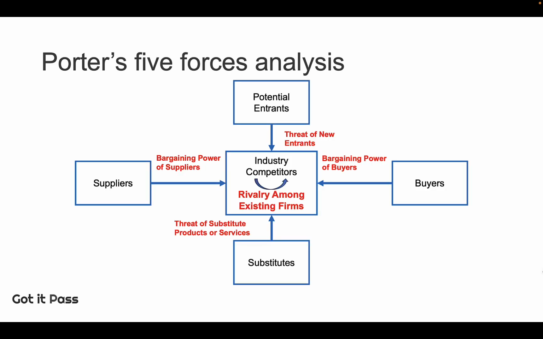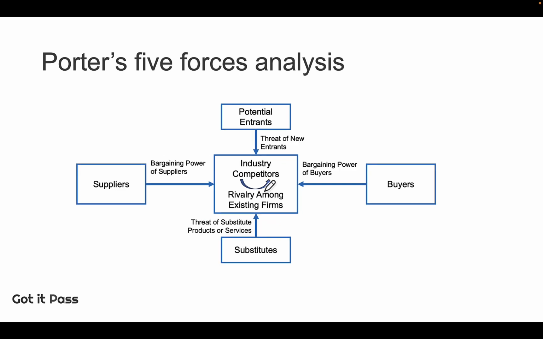So here is the chart showing the relationship between different forces in the Porter's 5 forces analysis. We can see the suppliers, potential entrants, buyers, substitutes. All these forces are pushing to the center, which is the industry, the competitors.